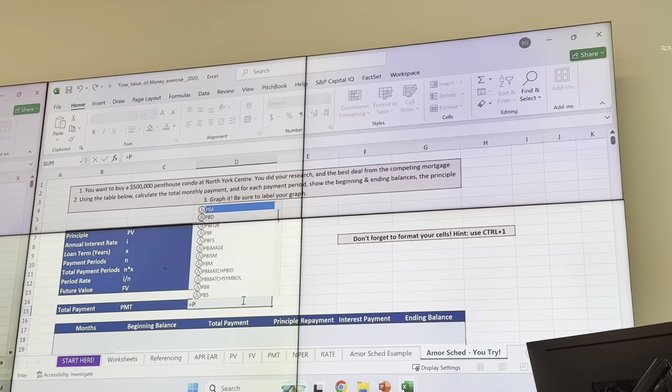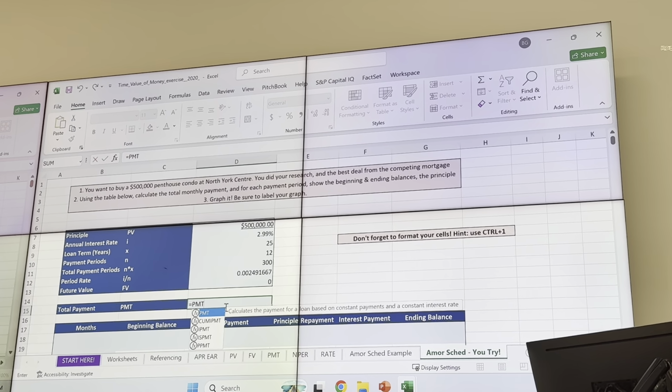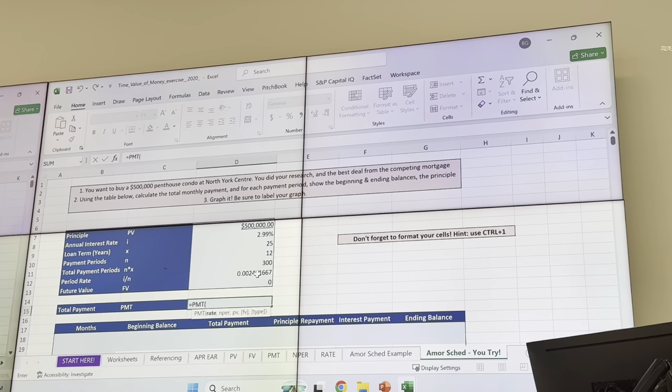So equals payment. You click on payment. What is the rate? Rate is the period rate that you have calculated. N per is the total number of periods that you will be paying, so 300 months. Present value of your loan is 500,000 and future value is basically zero, right?